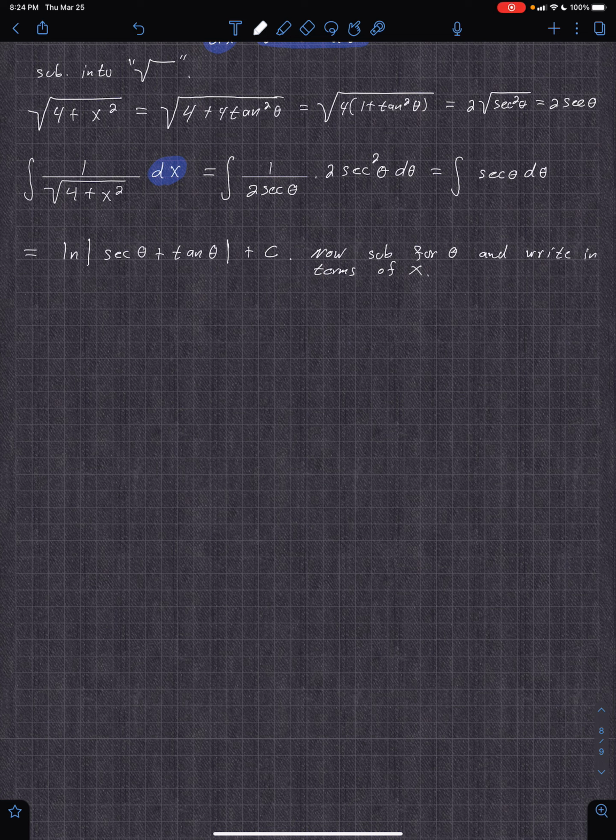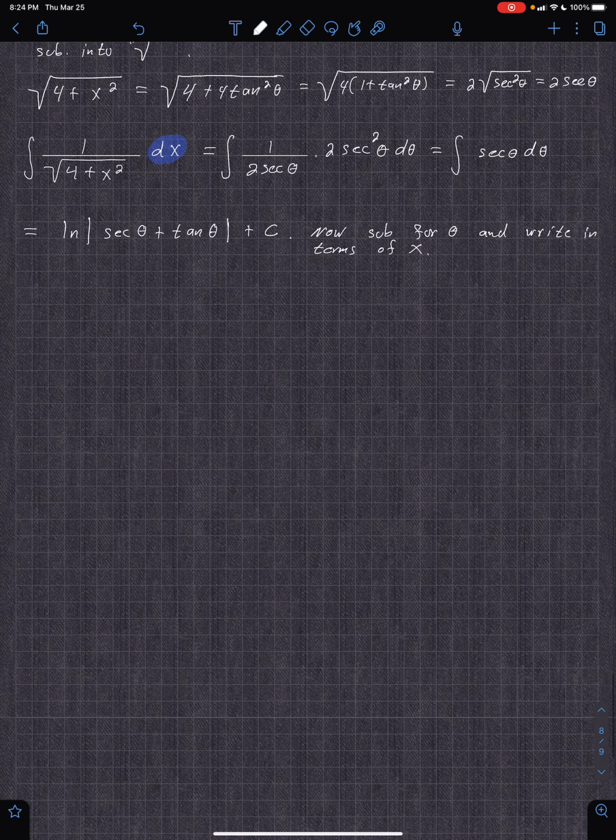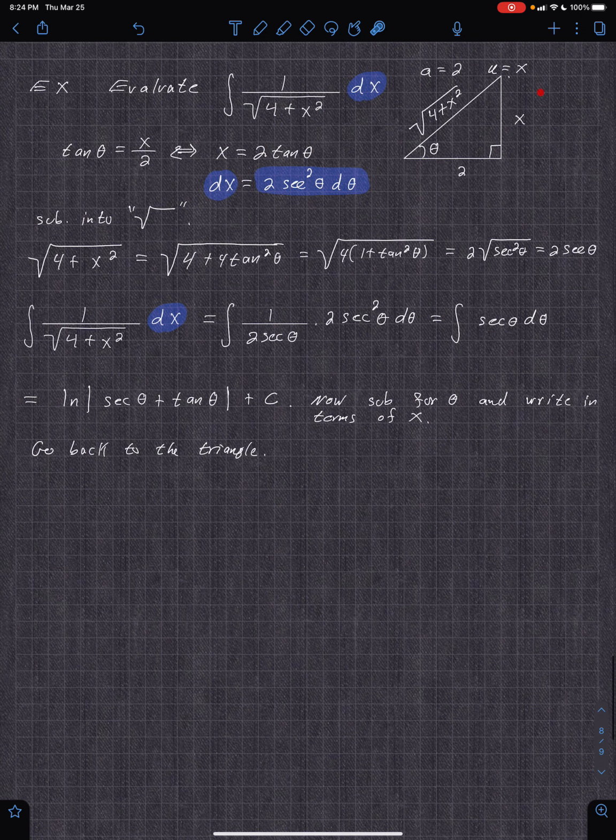We've got to find out what. So now you go back to the triangle, which is here. So here's my triangle. So what is secant and what is tangent?